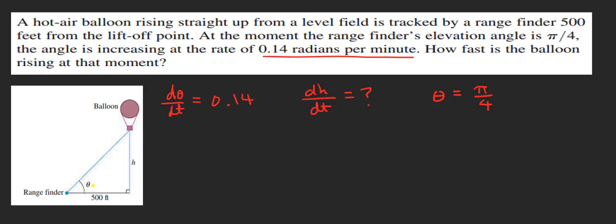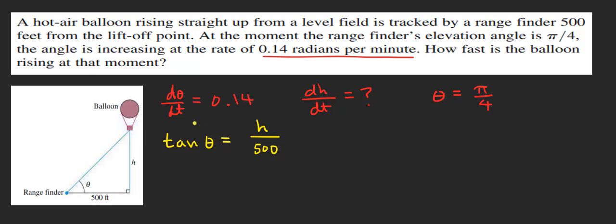Using trig, you know that tangent theta is opposite over adjacent. So we could say tangent theta is h over 500. Now notice, the variables that change with respect to time are theta and h. 500 is constant. It will always be 500.